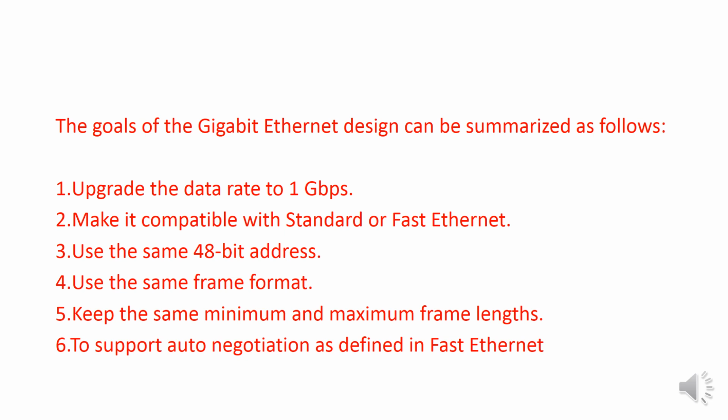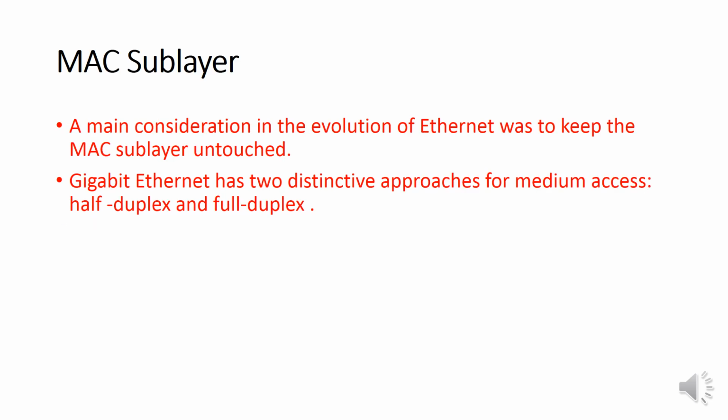Keep the same minimum and maximum frame length. There is no modification in the frame length with respect to minimum as well as maximum. Also, support auto negotiation as defined in fast Ethernet. So these are the major goals which were achieved during the invention of gigabit Ethernet design.